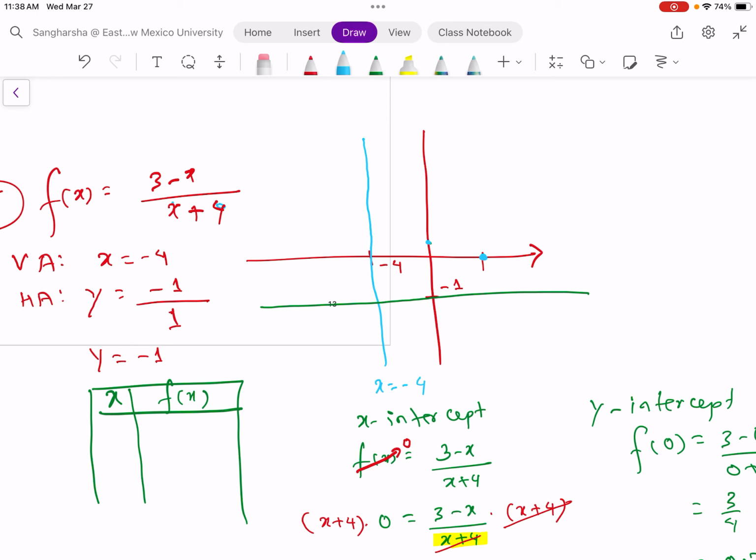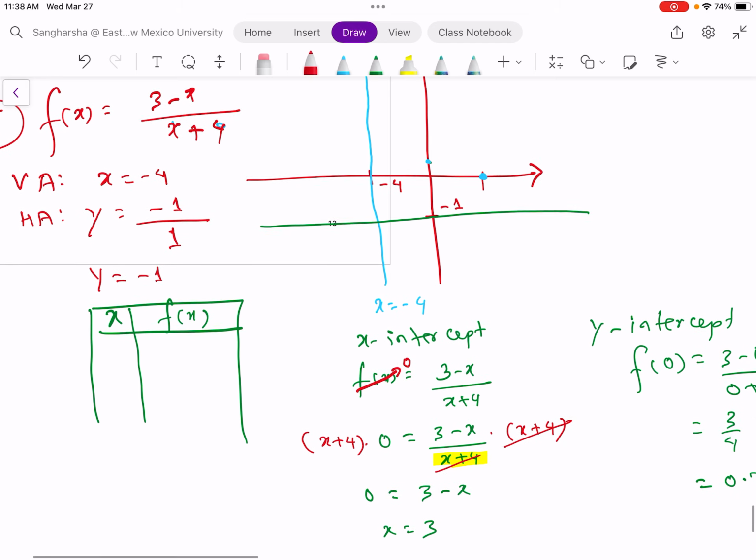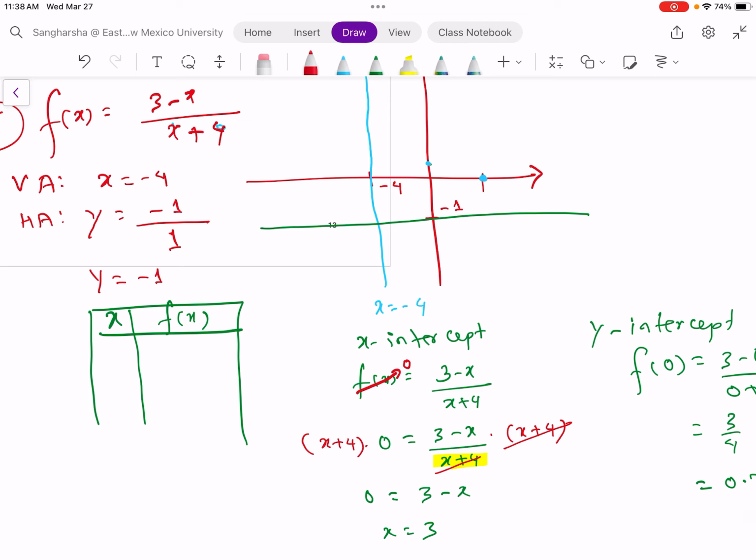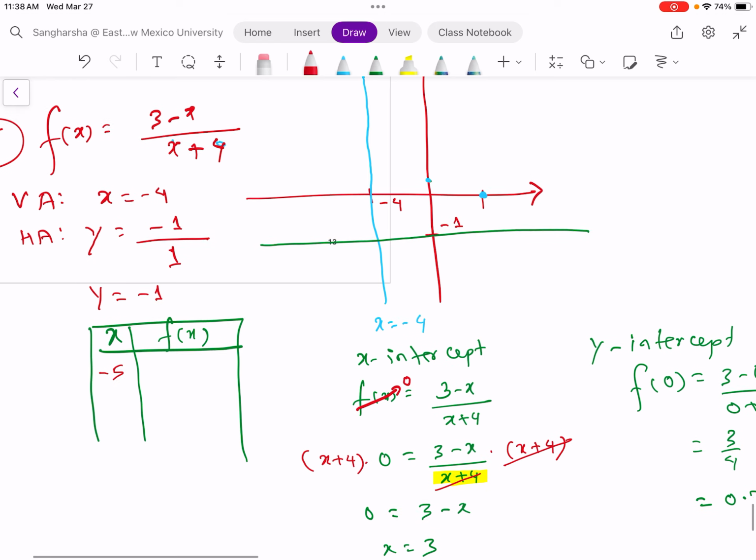Okay, let's choose the input. We want to have some part of the graph on the left of -4 and on the right of -4. So let's choose some number less than -4, like -5. So if x is -5, what is our output?